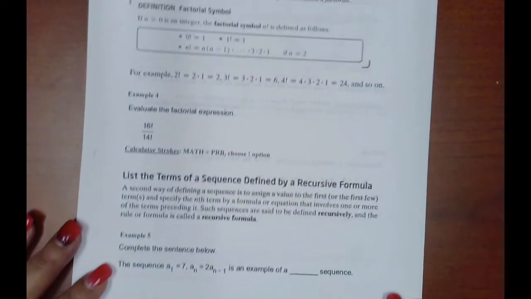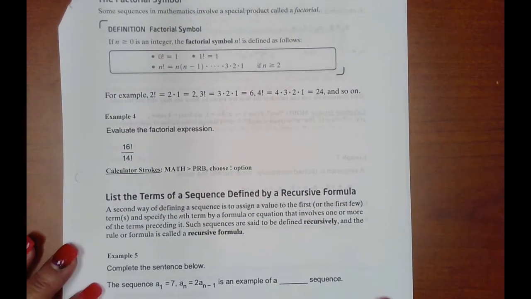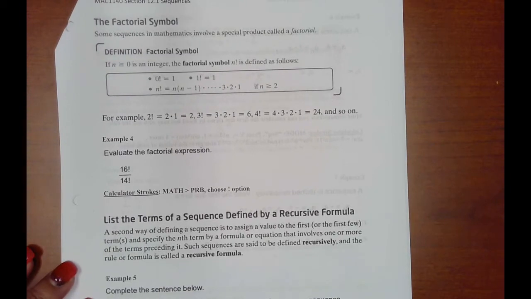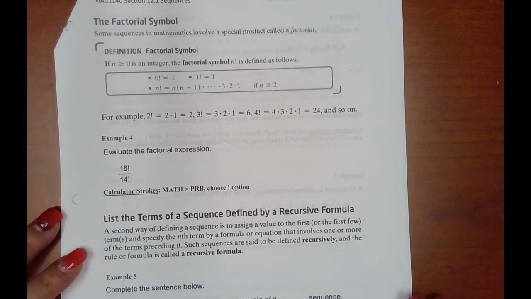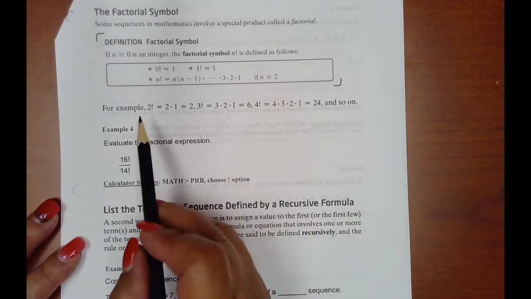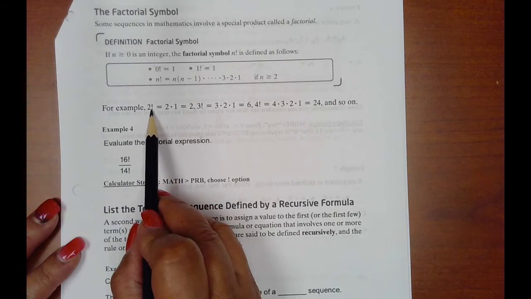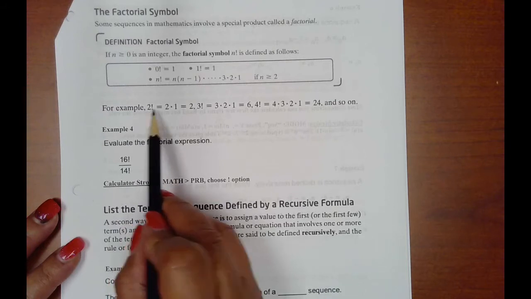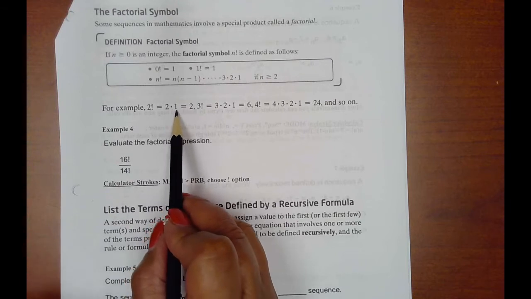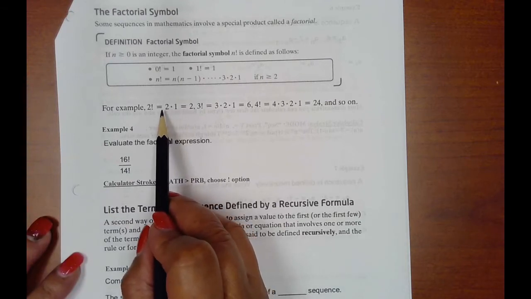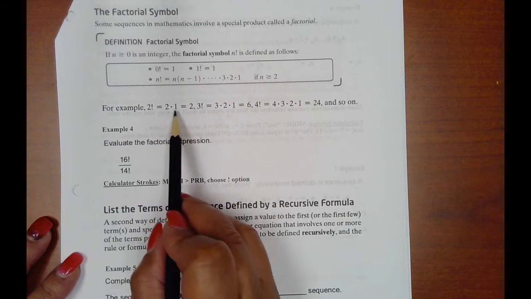And in the next page, I wanted to remind you of the factorial symbol. You may have seen this in your previous classes, but the factorial symbol is just a way of indicating a product. Like for instance, you see the definitions there, and there's several examples there if you don't understand this definition. Whatever the number is next to the factorial, that means you start with that number and count down from there in increments of 1 as the factors that belong to this product.